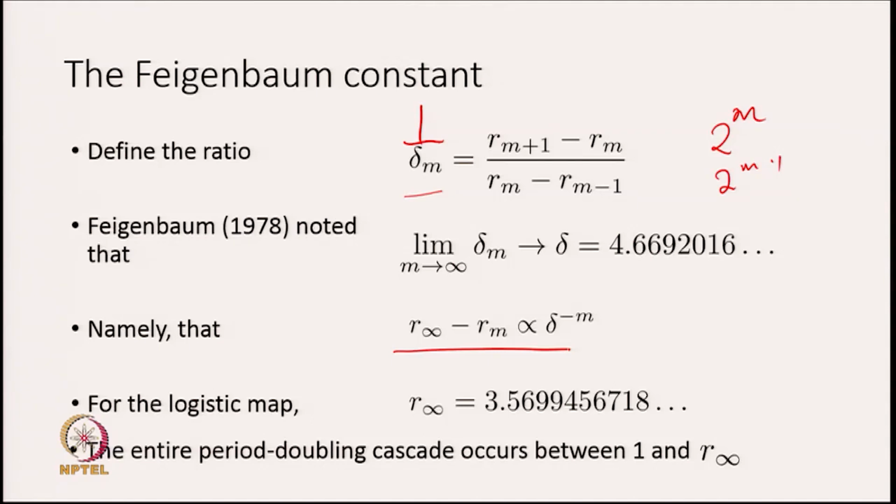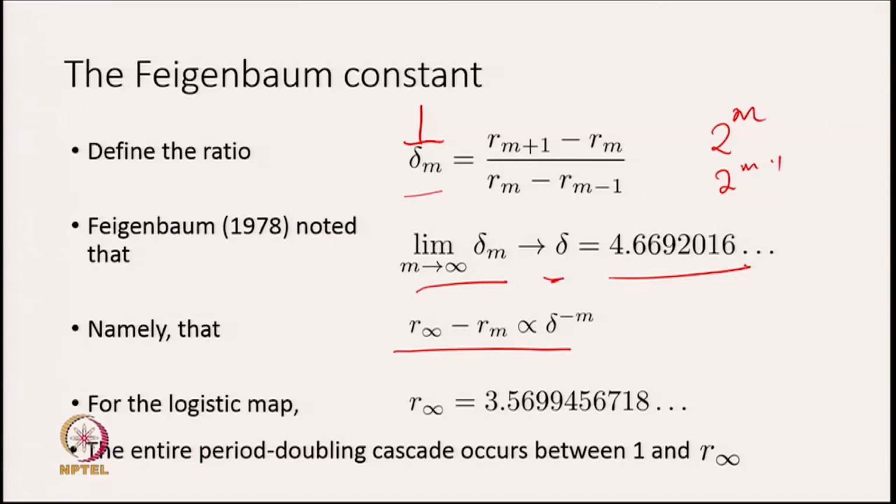The first property is that this ratio decreases approximately by a factor of 5 at each step, and as m goes to infinity, this reaches the value delta, which is this number 4.669. This is an irrational number, and it is known to many more places of decimal.